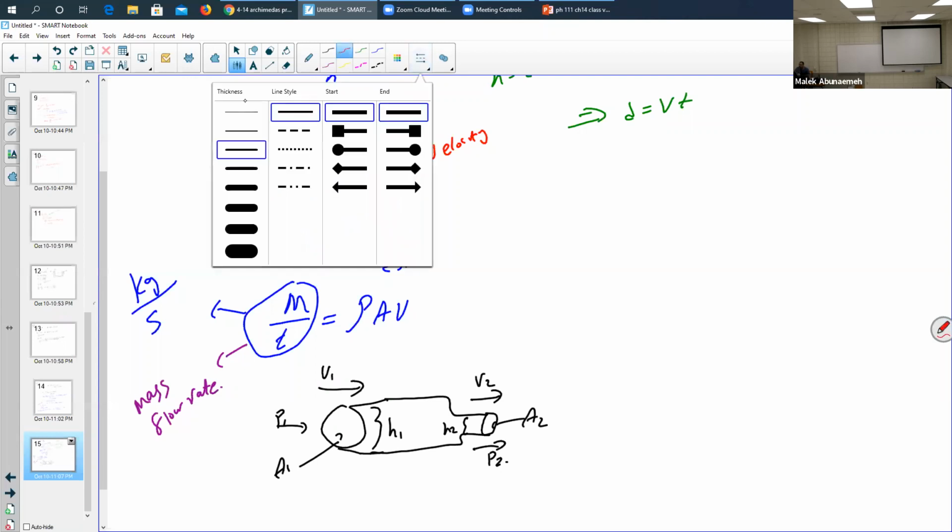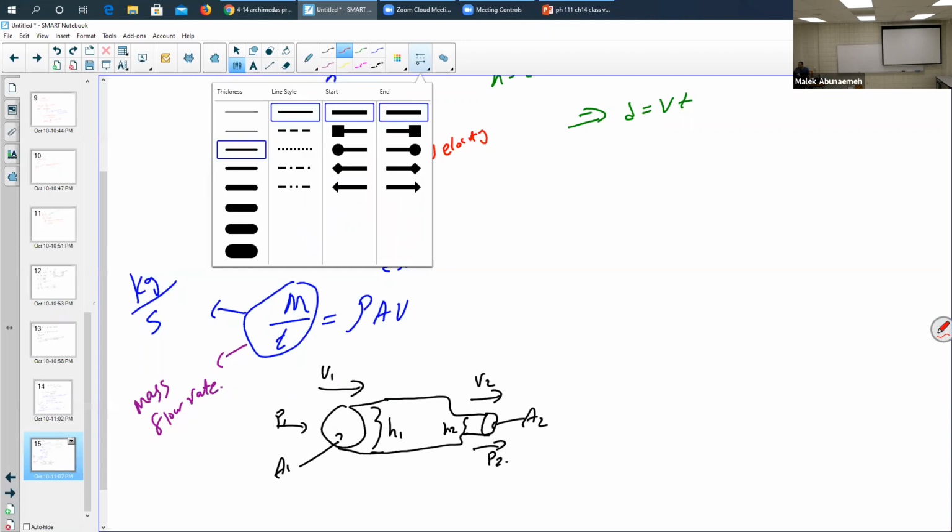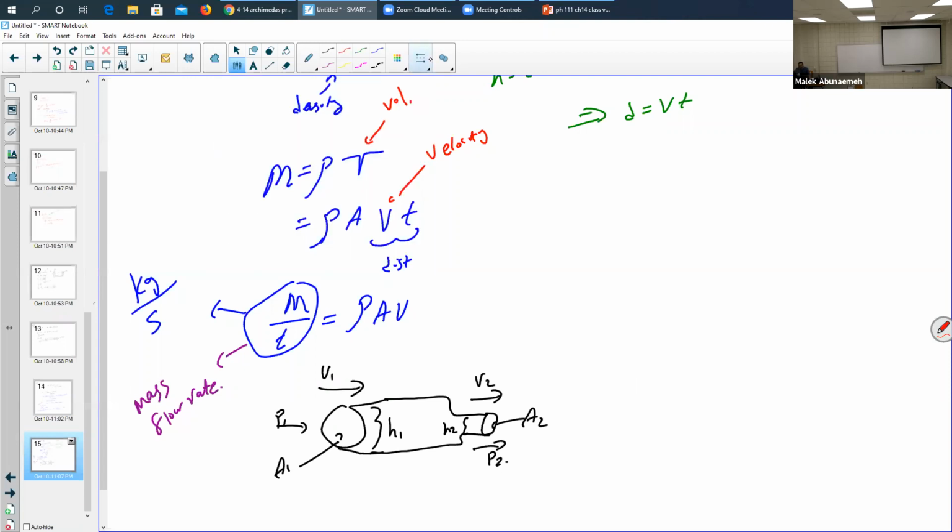So if you actually look at this, let me change the font. For M1, well, it's the same mass. So M over T for the first one is going to equal M over T for the second one. Your mass flow rate is going to equal your mass flow rate.